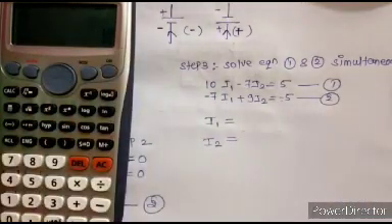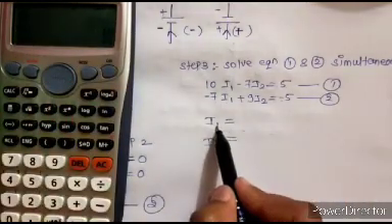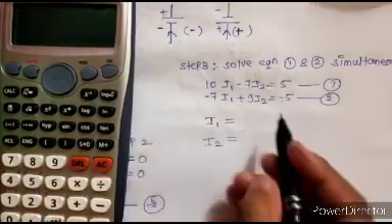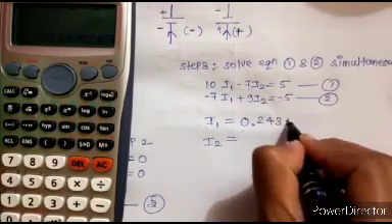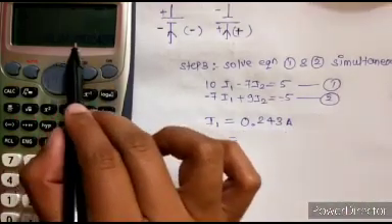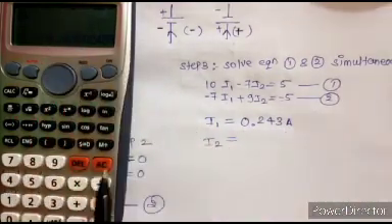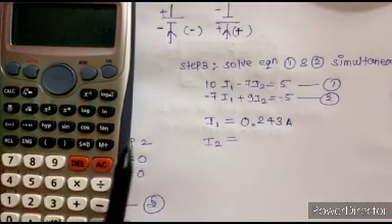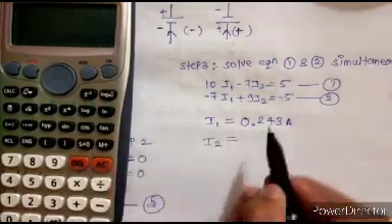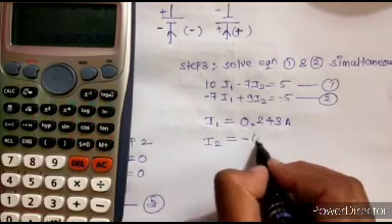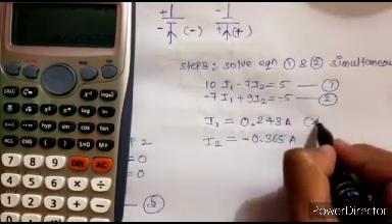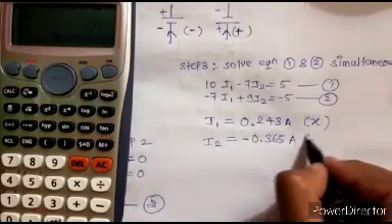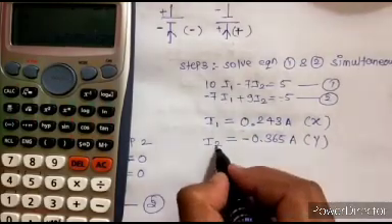The variable x means the value of I1. I1 is 0.243 ampere, taking 3 digits after the point. Again press equal, then we get the value of I2 as -0.365. X means our I1 and Y means our I2.